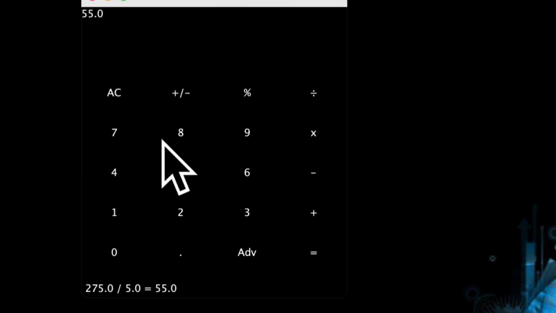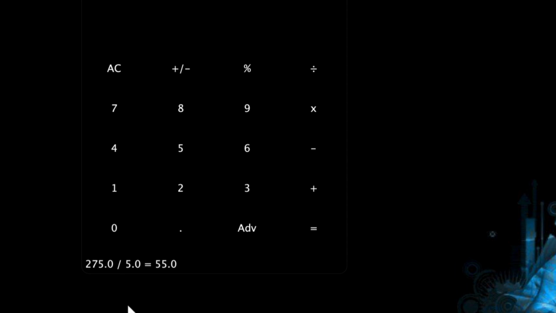As you can see, 275 divided by 5 is 55. Essentially, we reverse what we did on the multiplication. So our program works. Let's see if we can get a negative number.